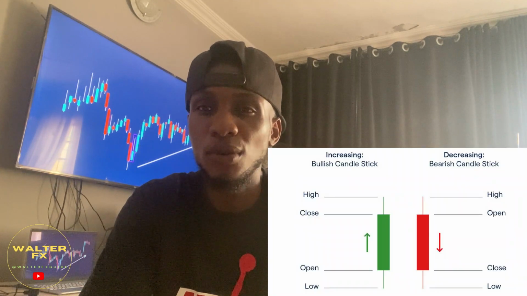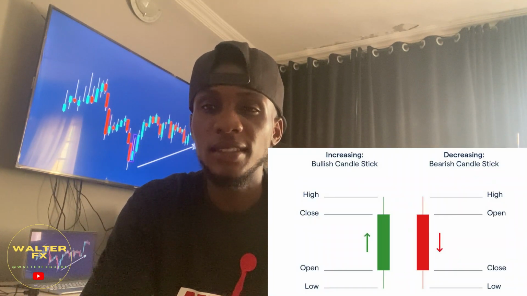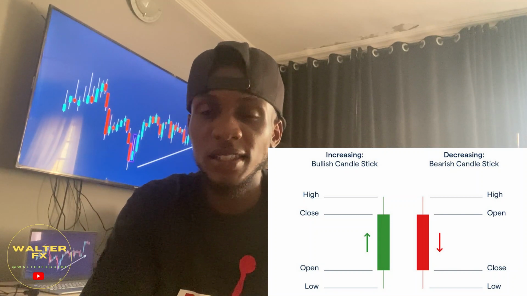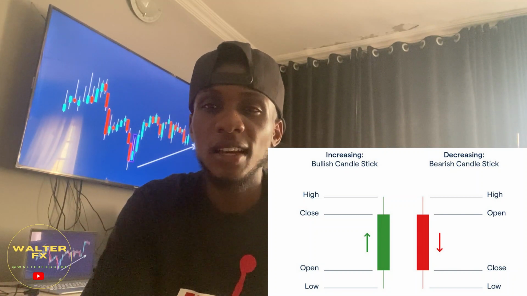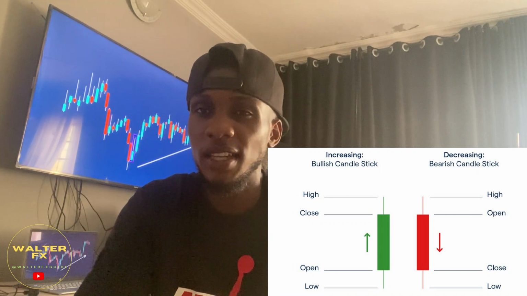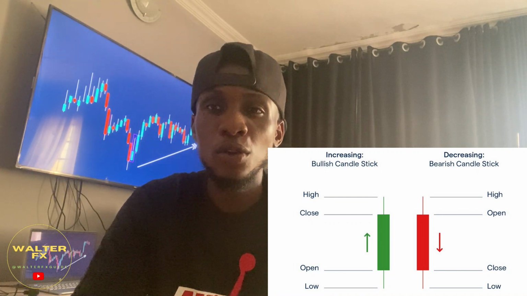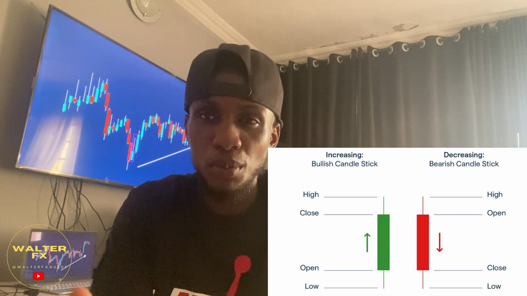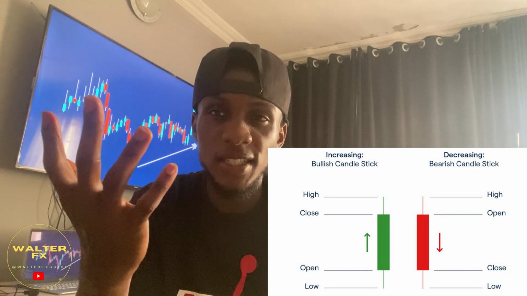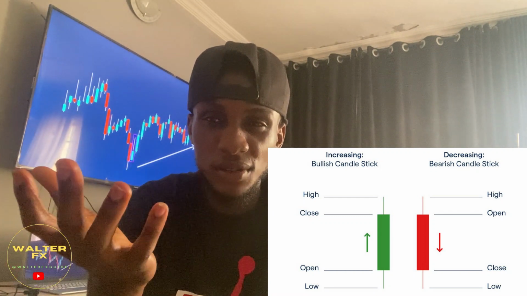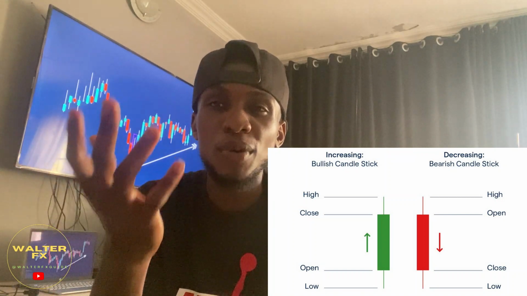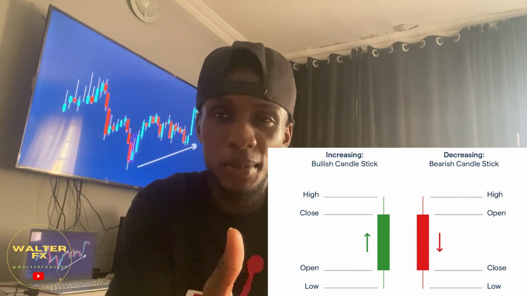There are two types of candlesticks. You have the bull candle and the bear candle. The bull candle basically is the buyer's market. It forms when buyers are in charge of the market and they are pushing the price up. So when price is getting higher, a bull candle is formed. But when price is falling, it's a bear market.